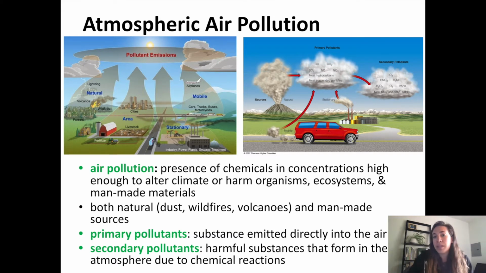During their time in the atmosphere, these pollutants can undergo a series of chemical reactions, and these reactions can be driven by exposure to sunlight, exposure to other chemicals, exposure to water vapor, exposure to oxygen, etc. These reactions are going to create a series of secondary pollutants: sulfur trioxide, ozone, PANs, VOCs, sulfuric acids, nitrogen acids.